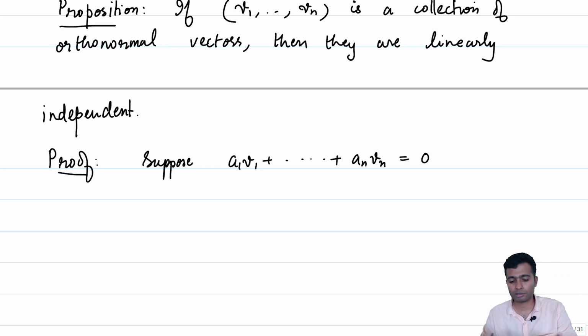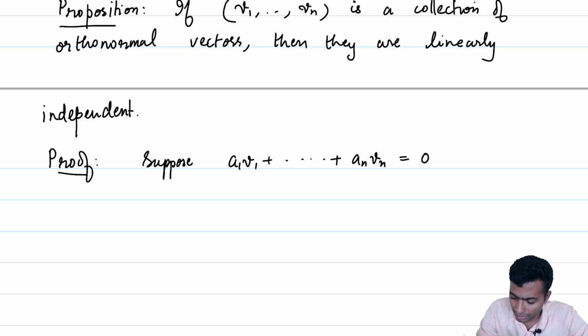As you can see, I have slowly stopped indicating whether it is a complex inner product space or a real inner product space, but unless it is mentioned explicitly, all our results go through for both. Our results, whichever we are stating and proving, are true for inner product spaces over both real numbers and complex numbers.